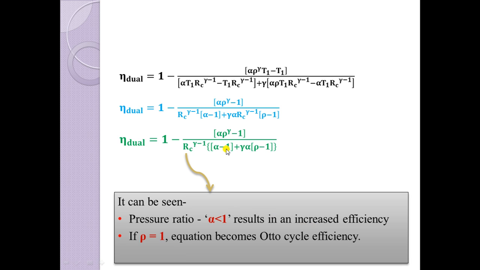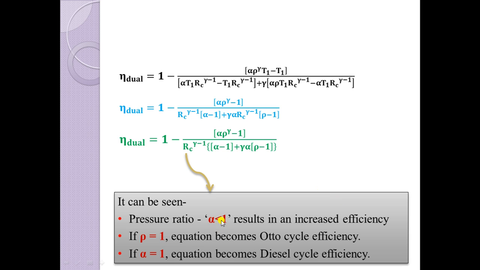If the rho value is taken as 1, the equation is going to become the Otto cycle efficiency equation. You substitute for rho, simplify this, and the expression becomes the Otto cycle efficiency expression. If you substitute the alpha value as 1, not less than 1, equal to 1, the equation is going to become the thermal efficiency expression of the diesel cycle.